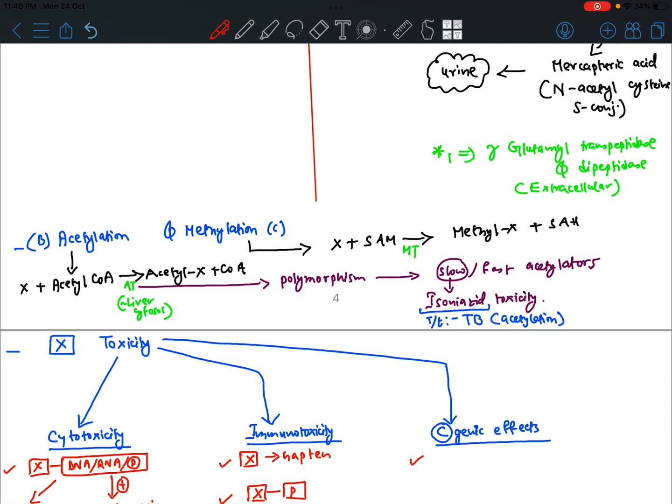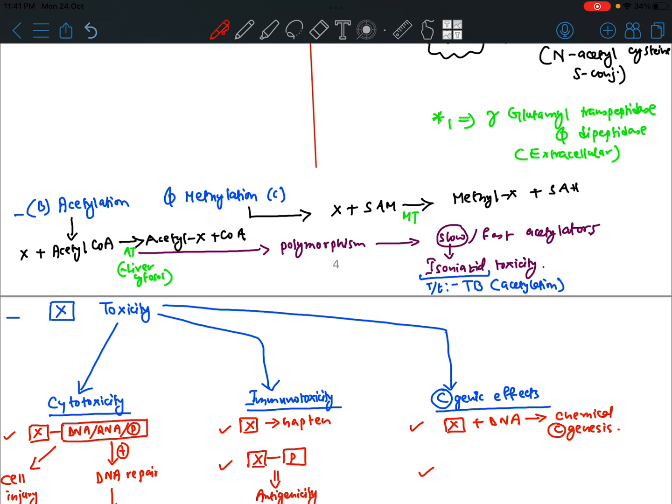The third one is carcinogenic. So a xenobiotic, when reacted with DNA, leads to chemical carcinogenesis, right? Some chemicals like benzo-alpha-pyrene.